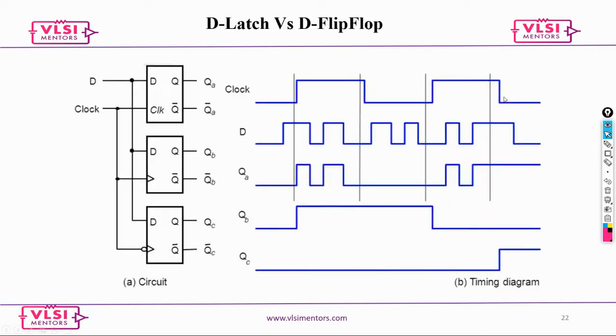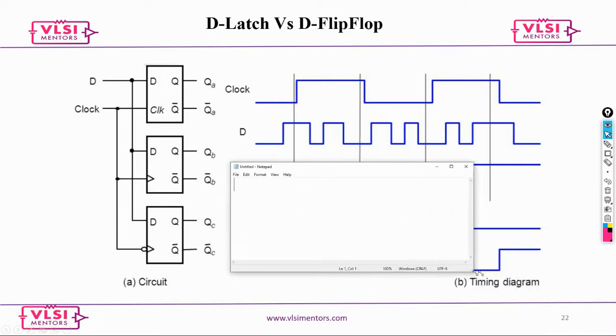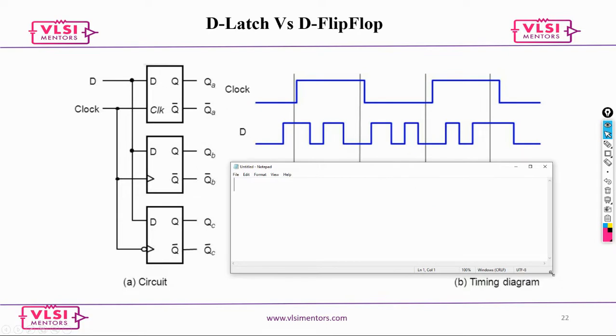Okay, moving on to the next one. Okay, so I'm sure you know, as I told you, there are things called latches, sequential circuits, and then you have a flip flop.